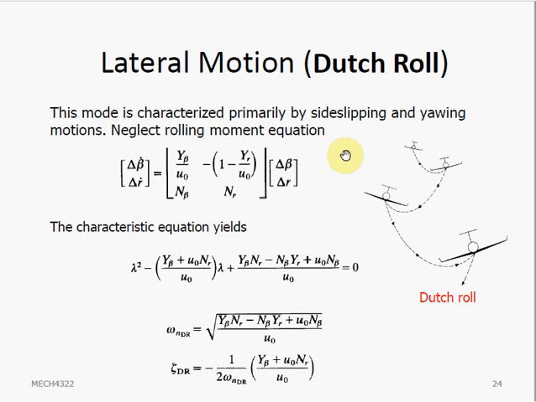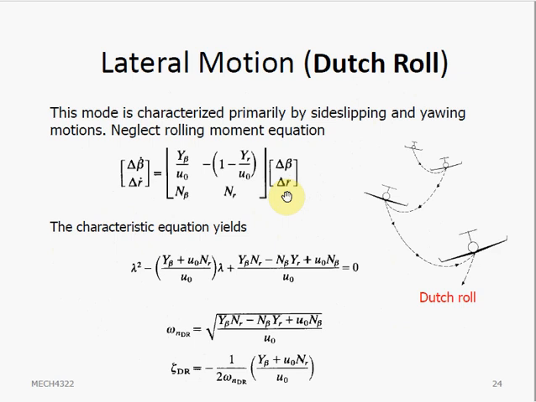But the textbook example shows a method for deriving a 2 degree of freedom approximation for Dutch roll. In that sense, only 2 variables are chosen: the side slip angle and the yaw rate, while the rolling moment equation is dropped from the equation.